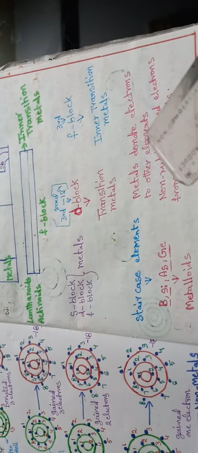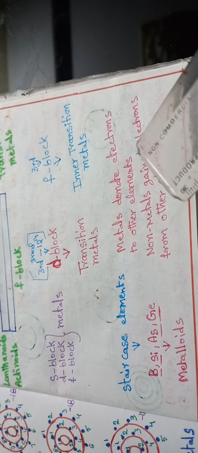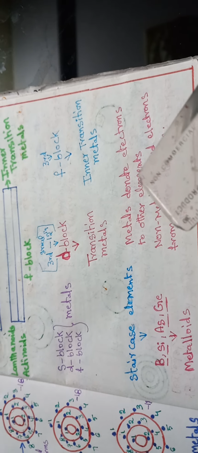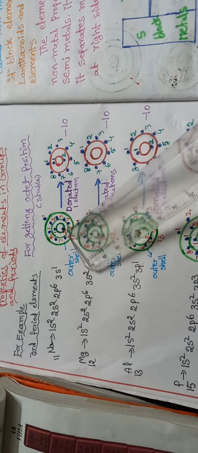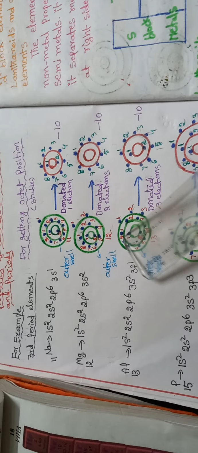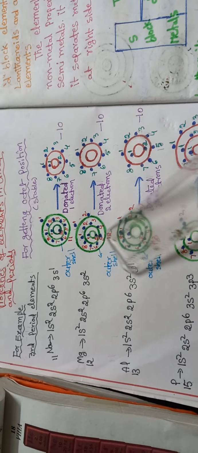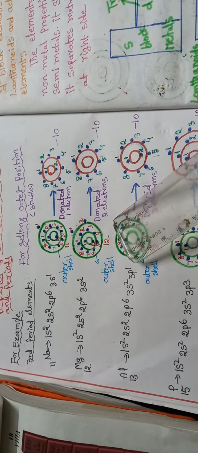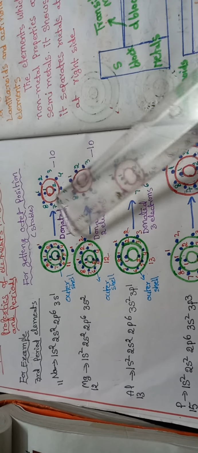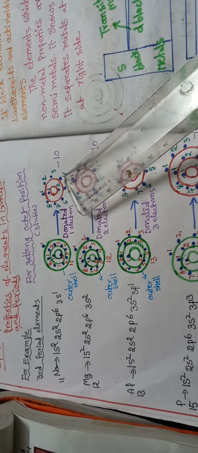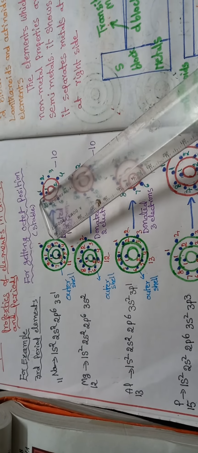Next one, metals donate electrons to other elements. So in the first three examples, sodium, magnesium, aluminum, these three elements donate electrons to other elements and get 8 electrons in the outer shell for getting octet position and stability.